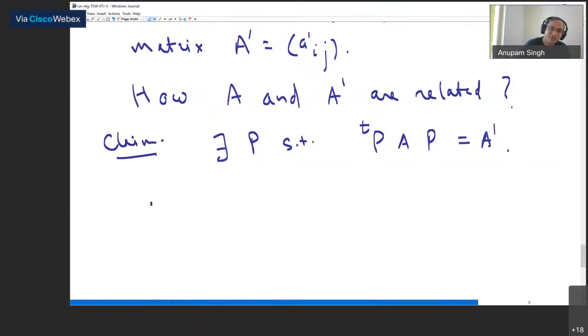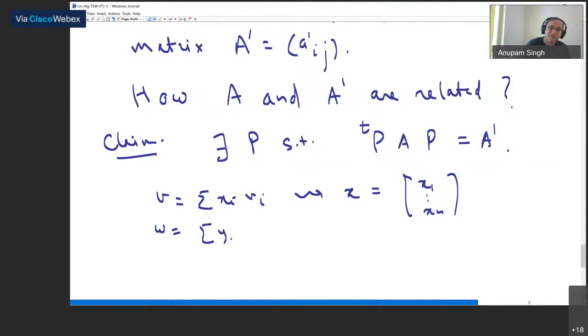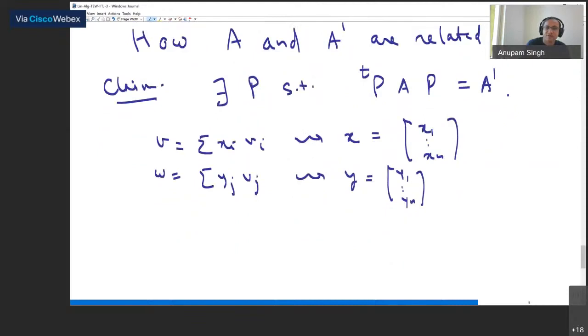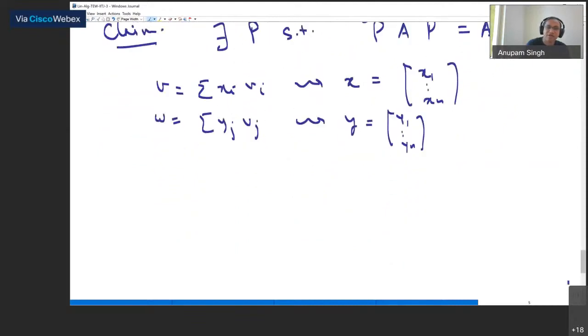So let's first show this claim. As usual, I will write v as summation over x_i v_i, which gives rise to the coordinate x equal to x1, x2, ..., xn, and similarly w as summation over y_j v_j, which gives the coordinate y equal to y1, y2, ..., yn. Similarly, I will have a notation for the dash basis. I want to calculate beta of v comma w.